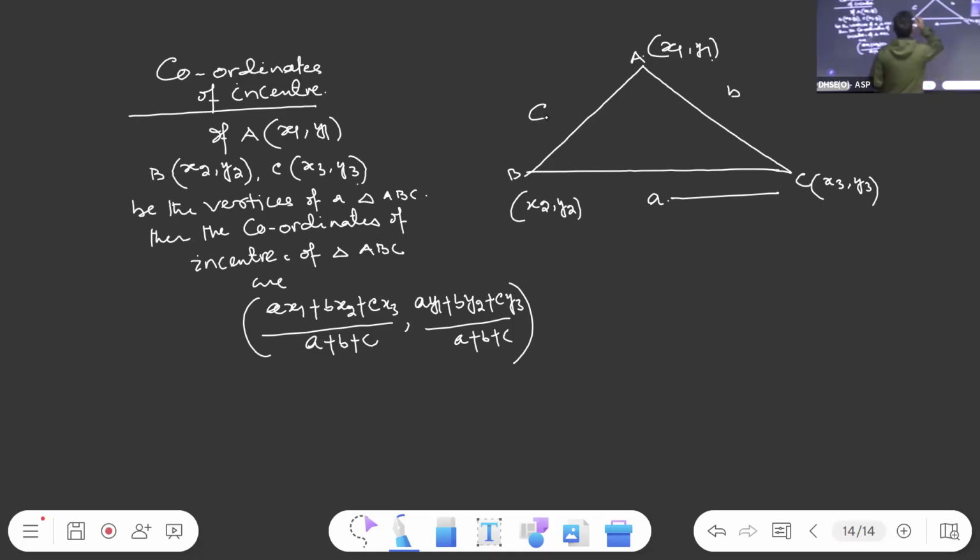Before going to the proof, write down a note point, which was a theorem in your earlier school programs.